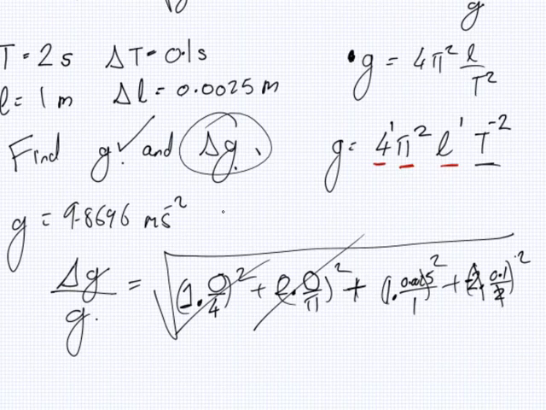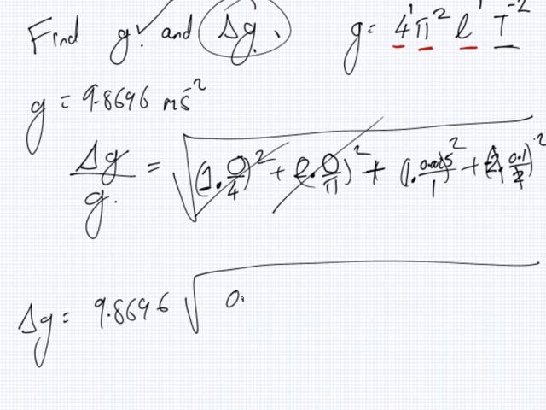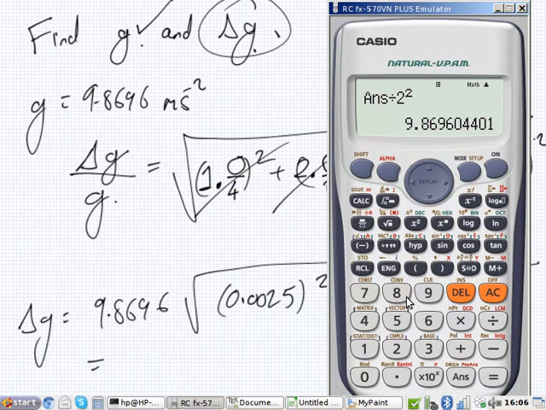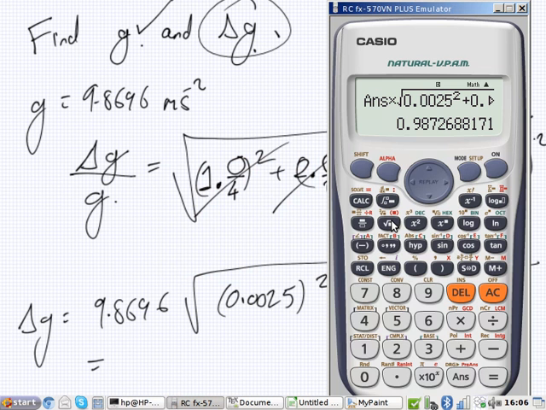So you get delta G equals 9.8696 square root of 0.0025 squared plus 0.1 squared. Can you hit that in on the calculator, please? I got 0.987.